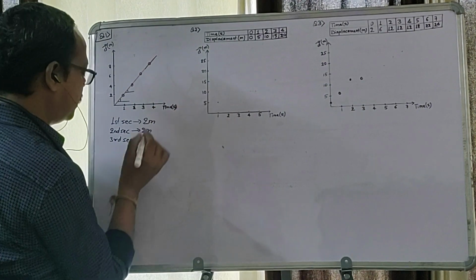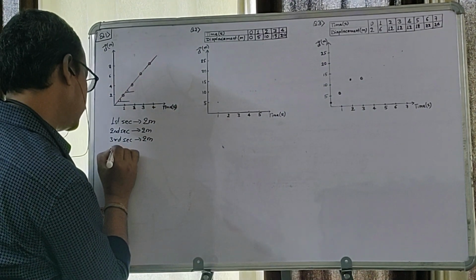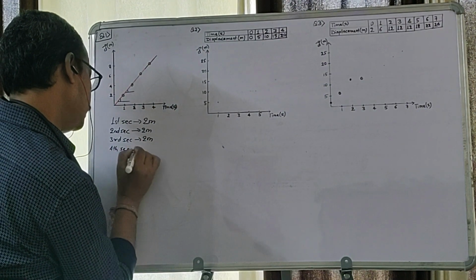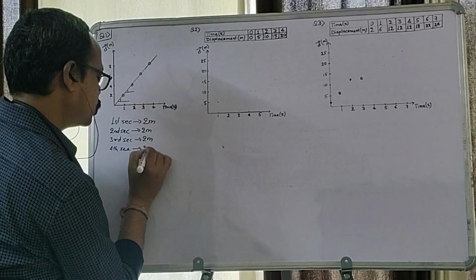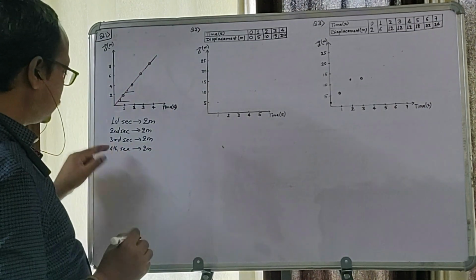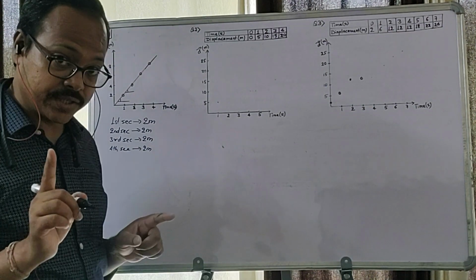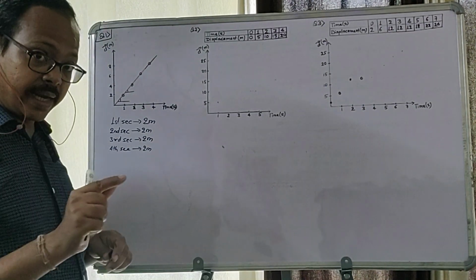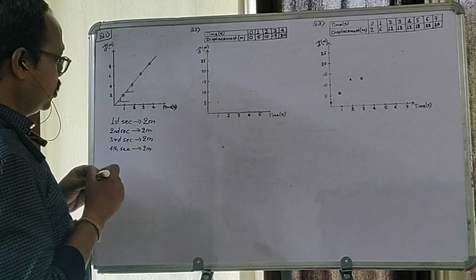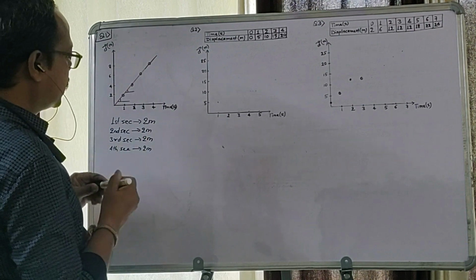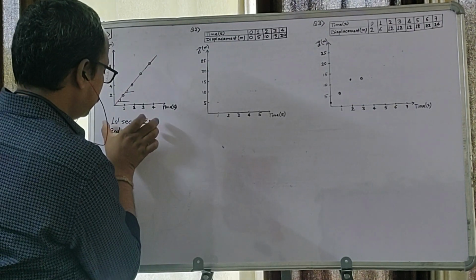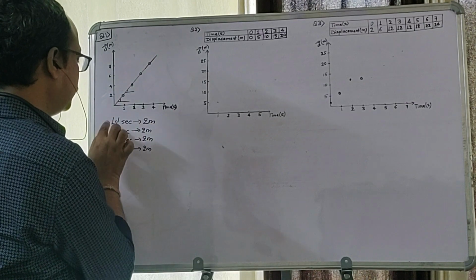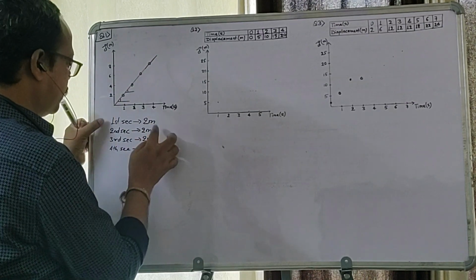And in the fourth second, the net displacement made by the body is 2 meter again. Mind it, I am not talking about 4 seconds, I am talking about the fourth second. So we see that the object is making equal displacement in equal time intervals.